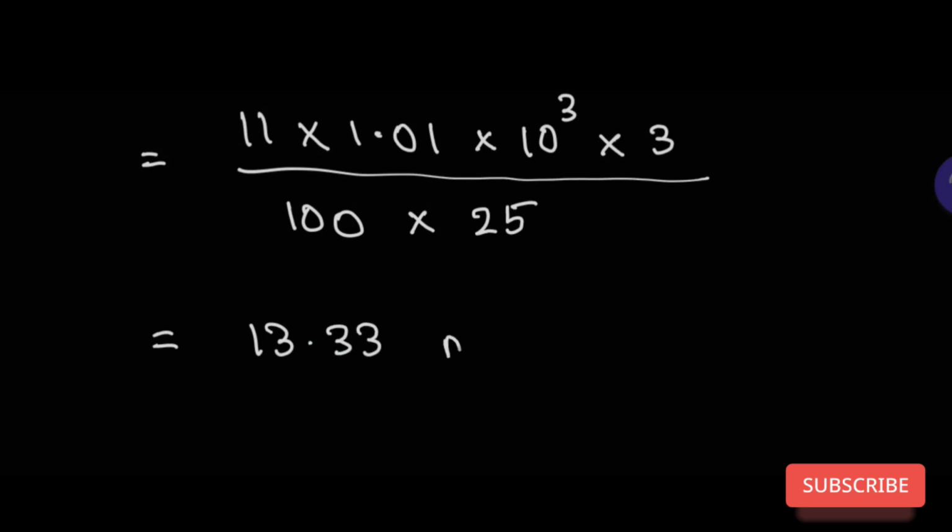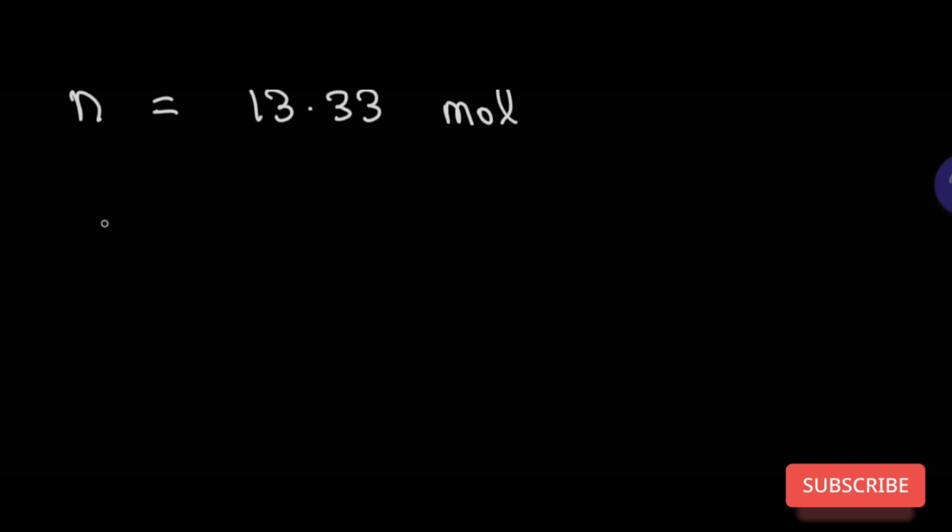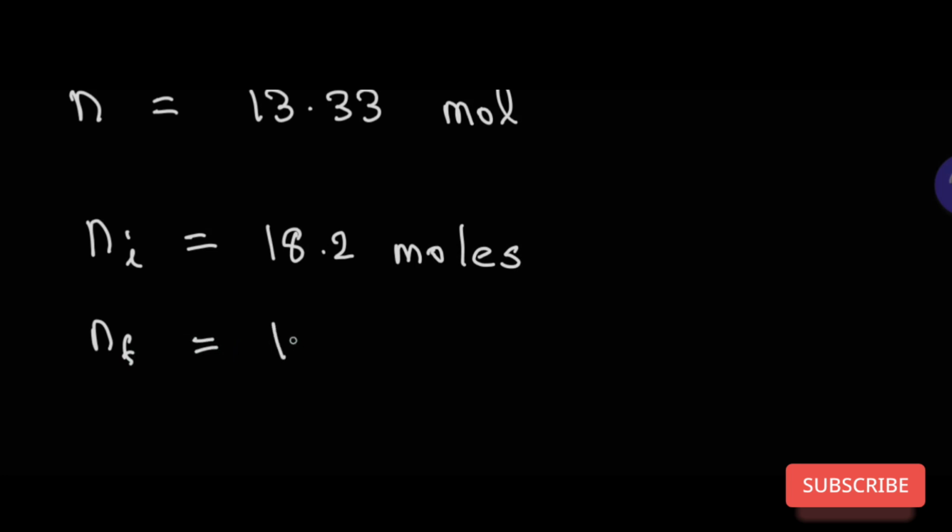We know that initially the oxygen cylinder contains 18.2 moles of oxygen. After removing some amount of oxygen, we got n final is equal to 13.33 moles.